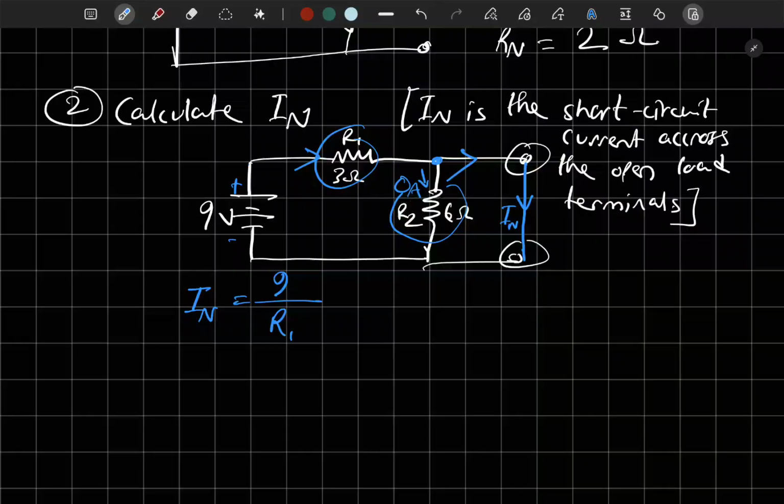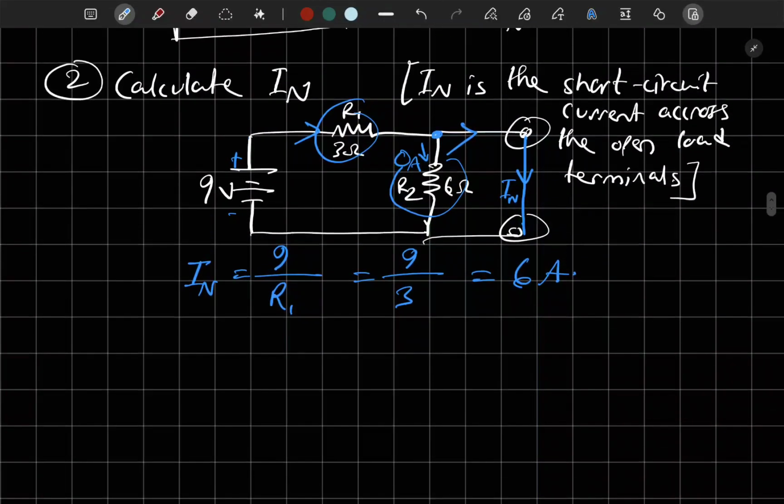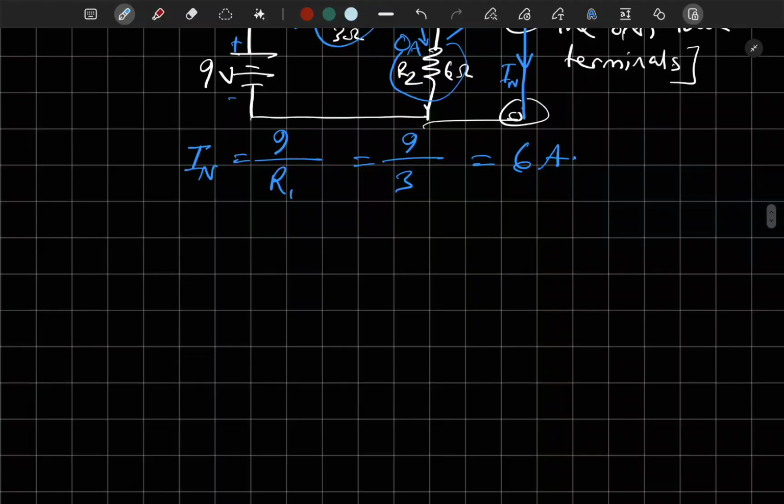Okay, because R2 is ignored because there's no current passing through it. So that would be 9 over R1, 3 ohm, equal to 6 amperes. Okay, so that is the short circuit current through the load terminals, and that is the Norton's current.